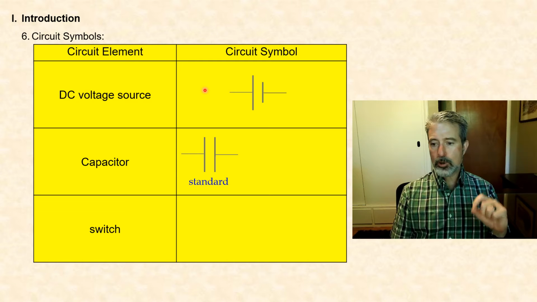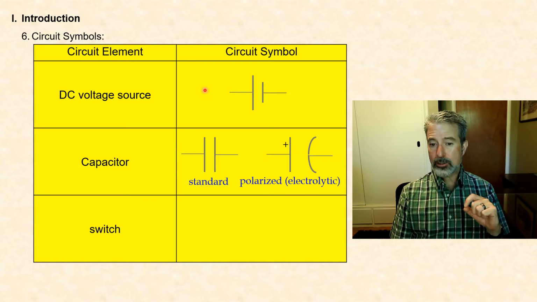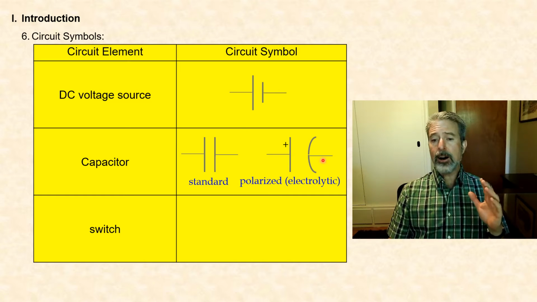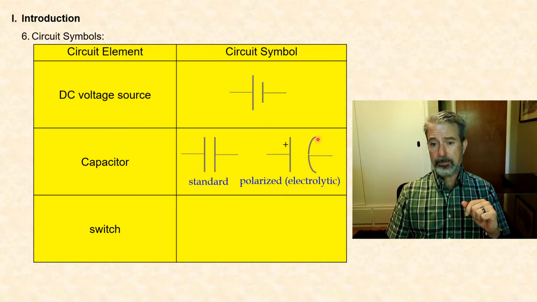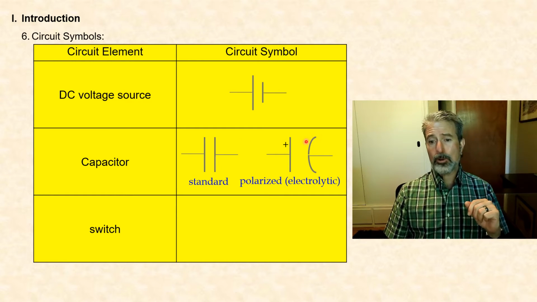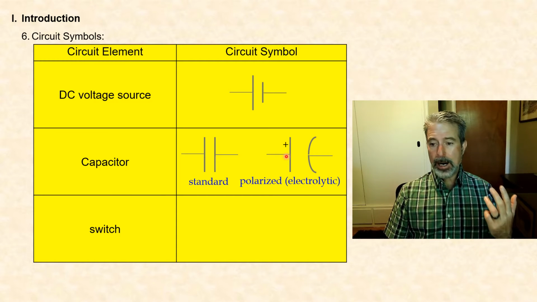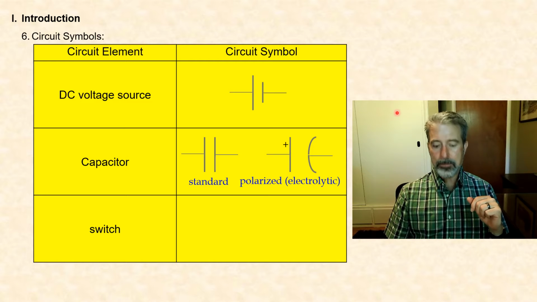When we talk about a certain type of capacitor called an electrolytic or polarized capacitor, we draw it a little bit differently. Notice that one of those vertical lines has a curve to it, and by convention, the straight line is the positive terminal of the capacitor, which means that it must be connected to the positive side of the DC voltage source when you hook it up.